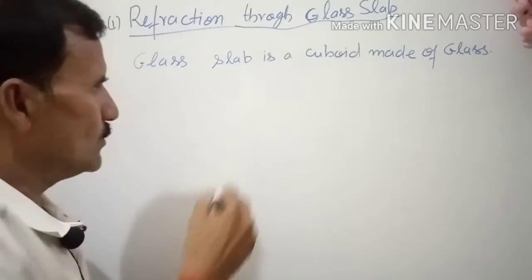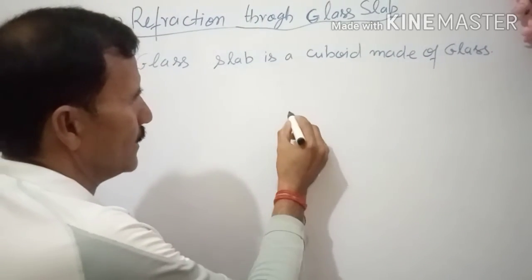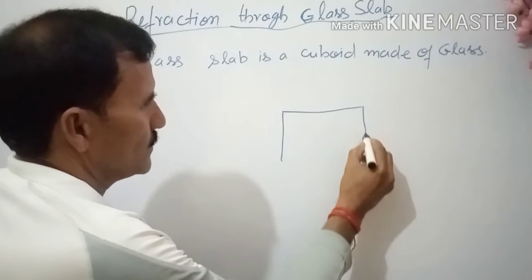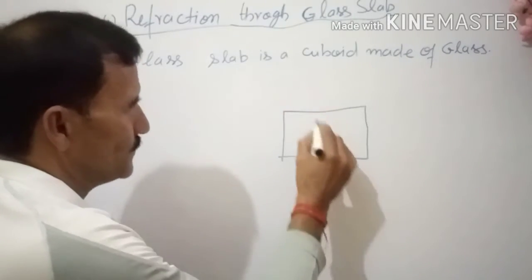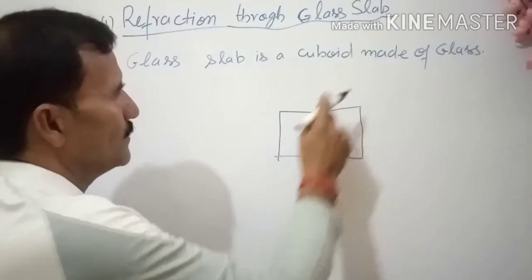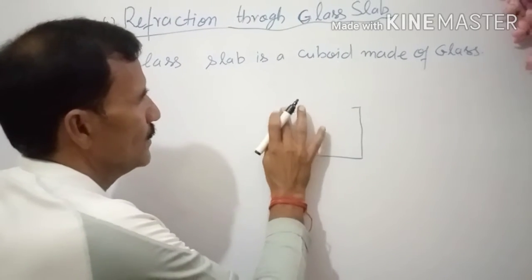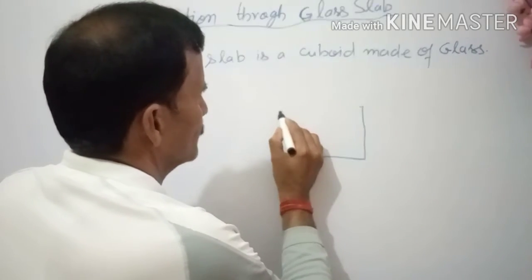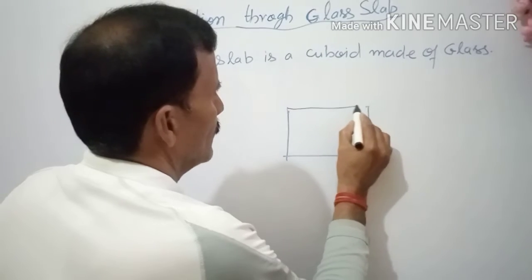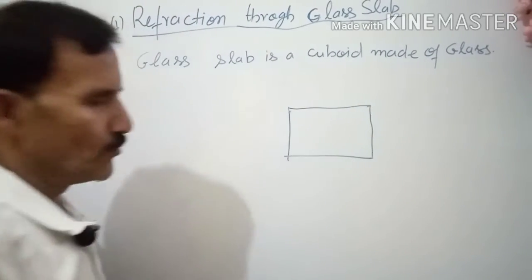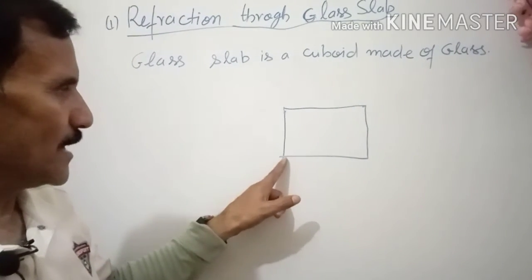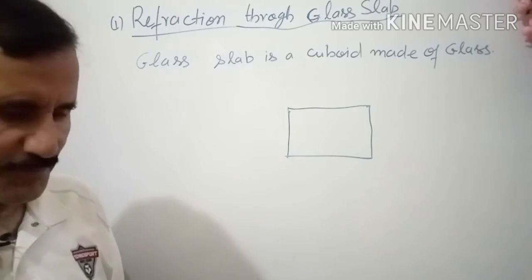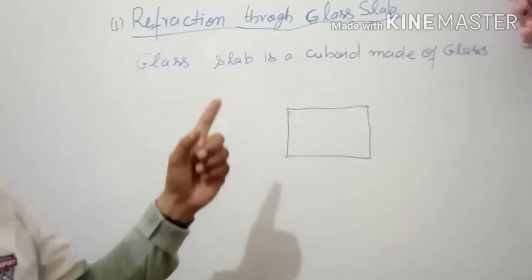Now, actually what happens in the glass slab? Suppose light is entering from this side. We are making here only this surface. There are 4 surfaces. This is not a side, but a surface.